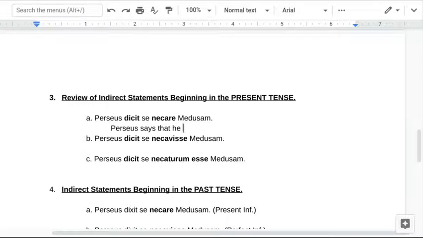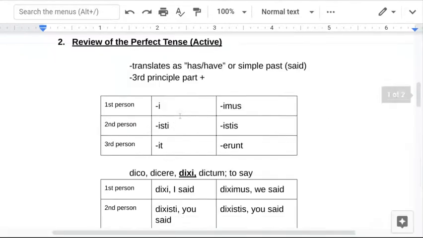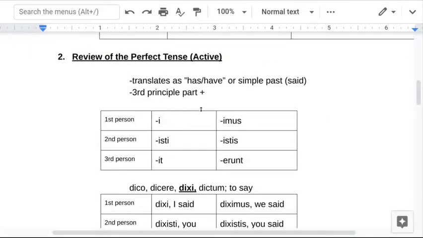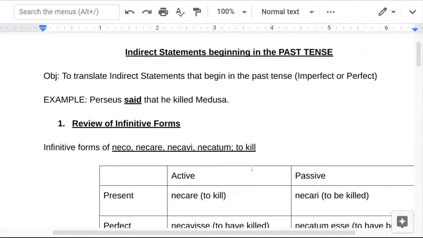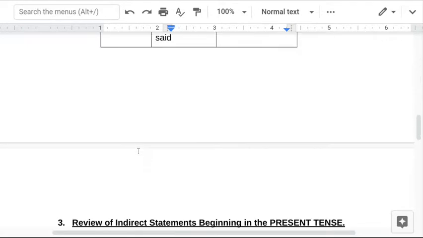All right, so Perseus says that, now necare, all you got to do is look at that. Necare is the present tense of the infinitive.